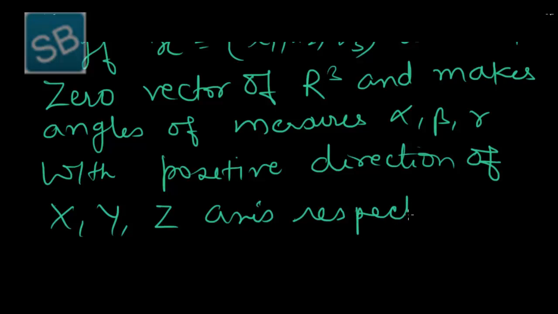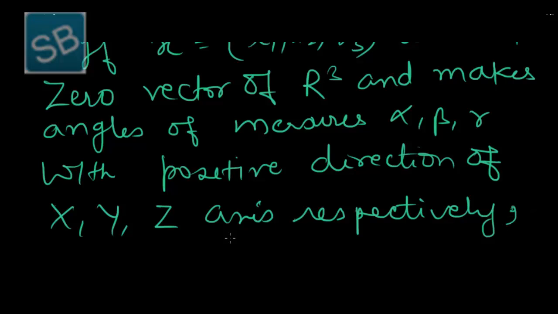That means alpha is the angle between the x-axis direction and vector x, beta is the angle between the y-axis and vector x, and gamma is the angle between the z-axis and vector x.